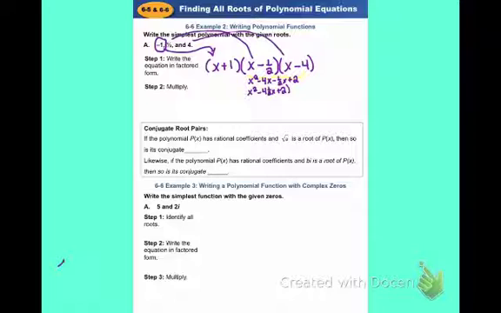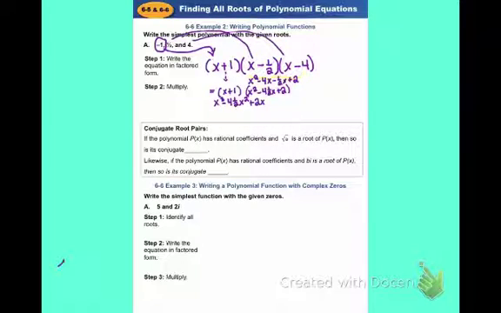Now I'm going to bring that x plus 1 down and distribute it through, and that'll give me my final polynomial. The x distributed through: x times x squared is x cubed, x times minus 4.5x is minus 4.5x squared, x times 2 is 2x.